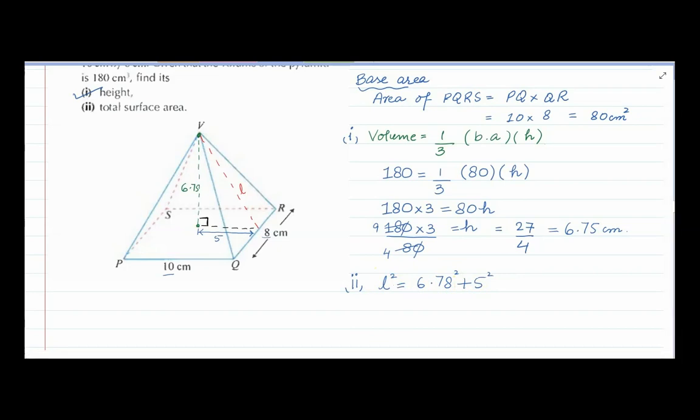So 6.78 square is 45.96, so I take it as 46, plus 5 square is 25. So 46 plus 25, it's 71. The value of L square is 71.